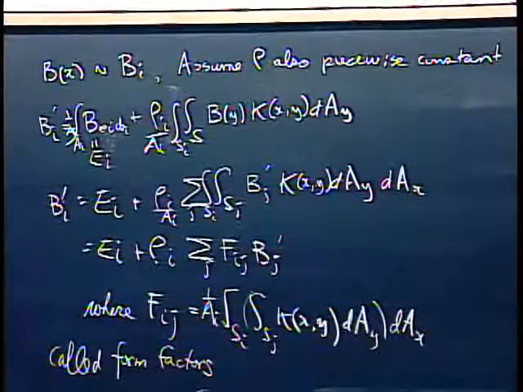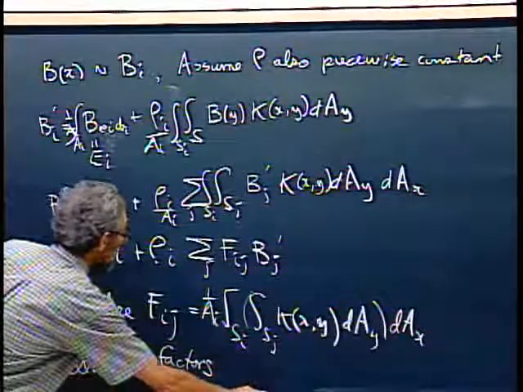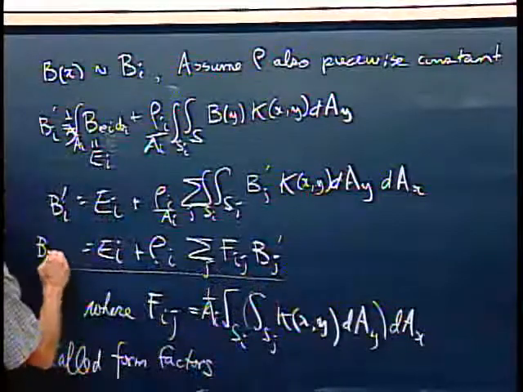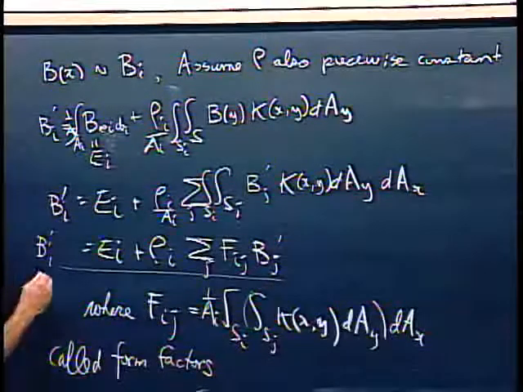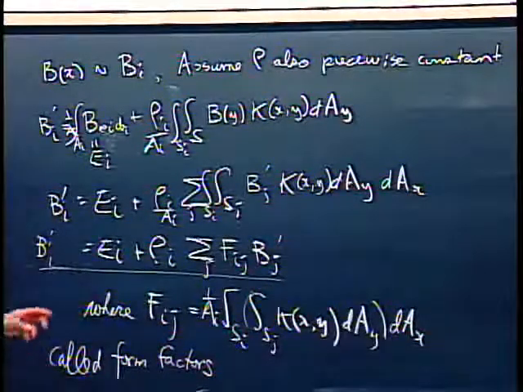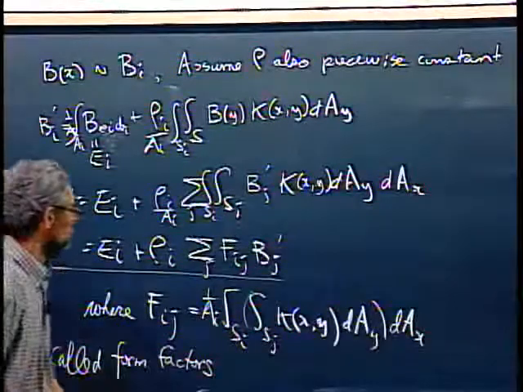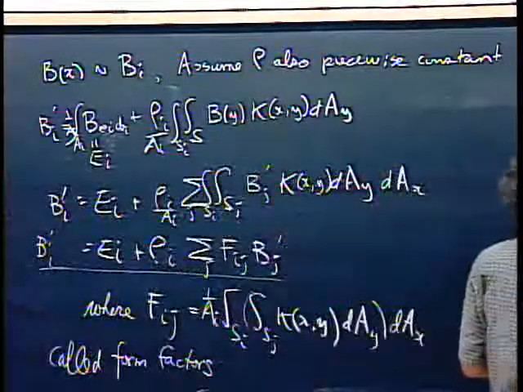So, assuming we could calculate them, and that's a topic for maybe the next 2 lectures, then this thing is just a system of linear equations for the BI prime. In fact, we can make it linear equations by writing it in matrix form and then putting all the b's on the right term.